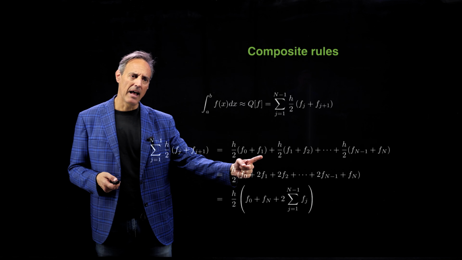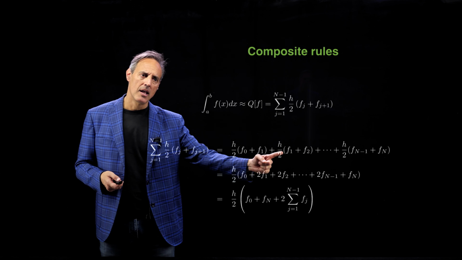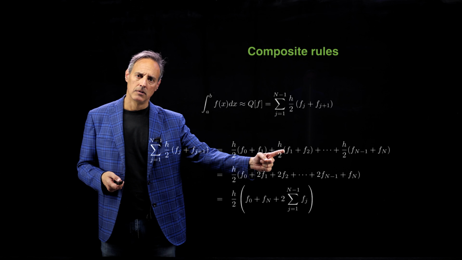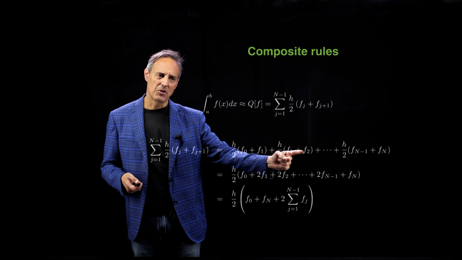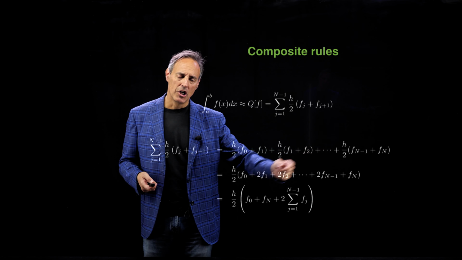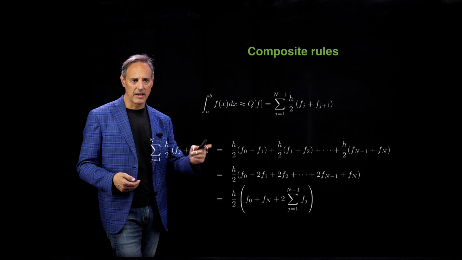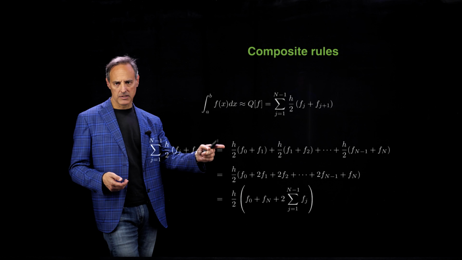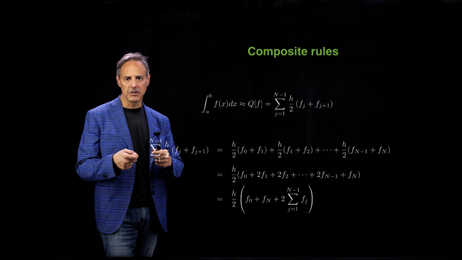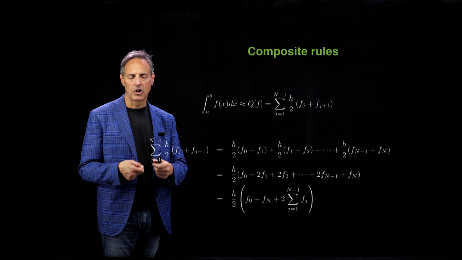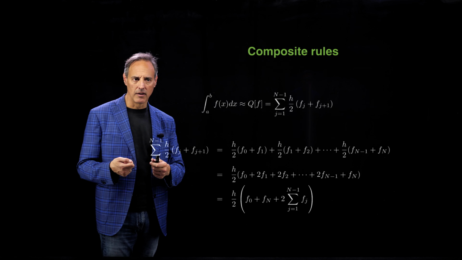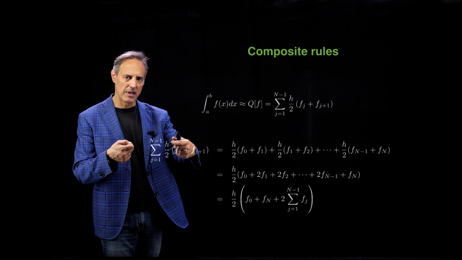Notice here that f1 shows up here and here. And I'd have an f2 here and in the next cell. So if I do this directly the way it's here, I'm having to double calculate the contribution of f1, first with h over 2, then with h over 2.